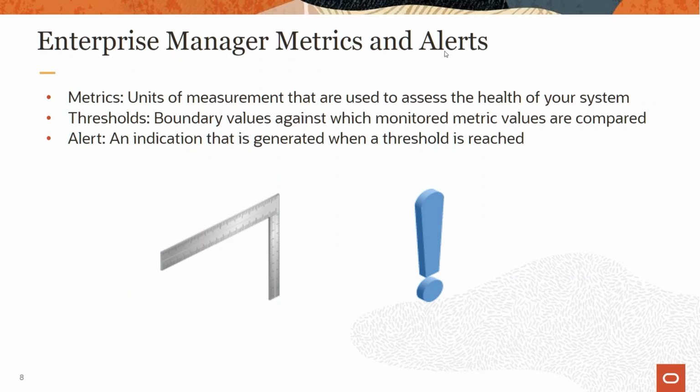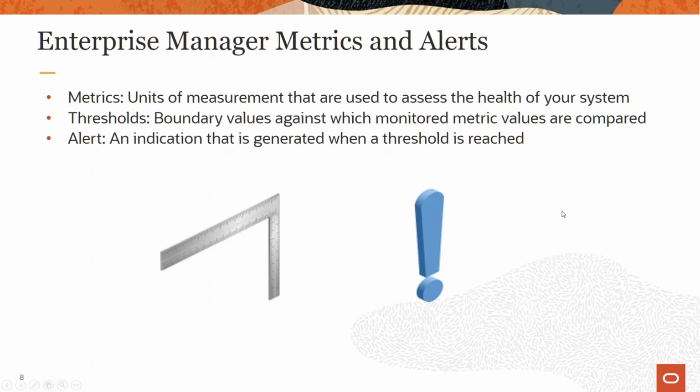And you can set alerts on the metrics. So if certain metrics exceed your service level requirement or service level agreement, then you can receive a notification. So you can set alerts on the metrics, so that way you can detect a potential problem ahead of time.